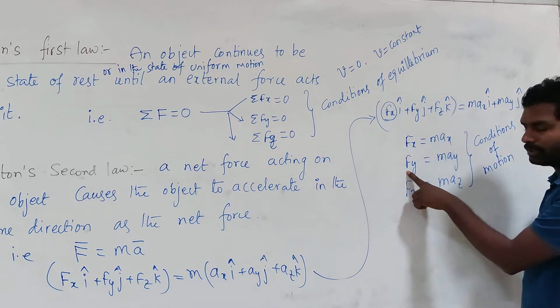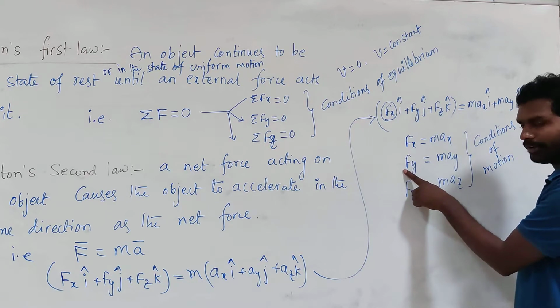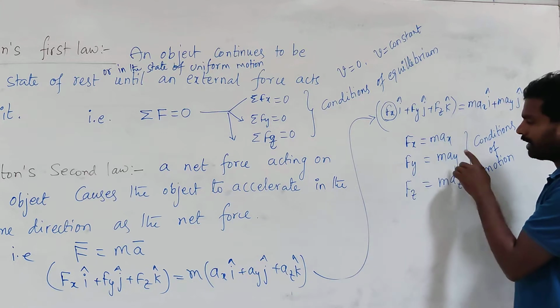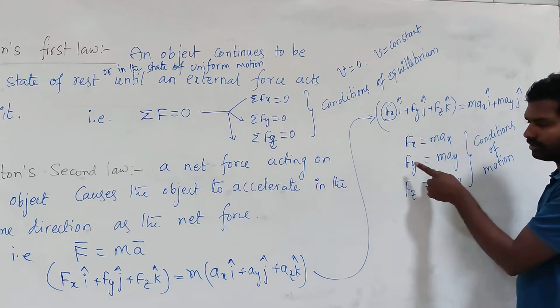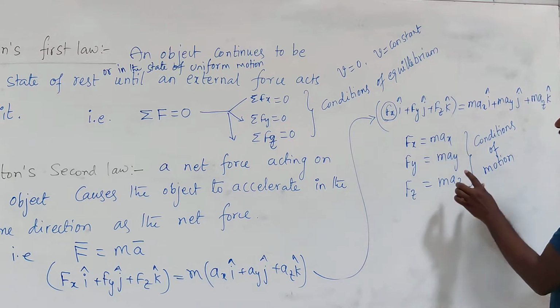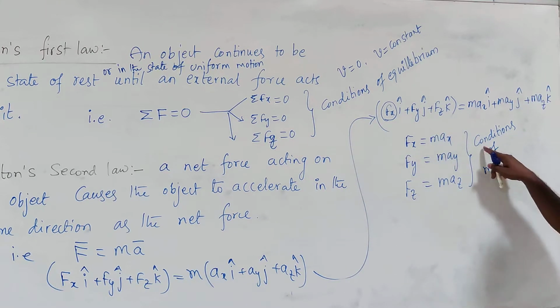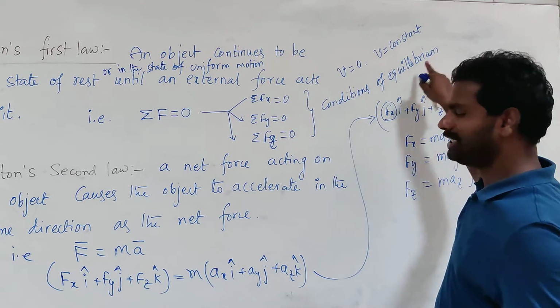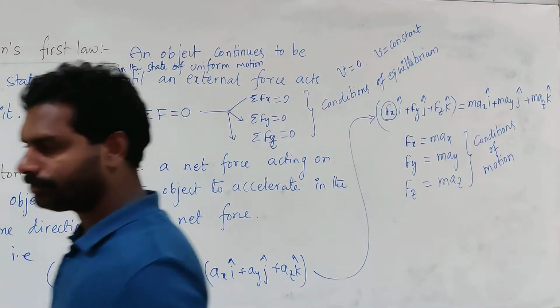Similarly here the force is acting along the y axis, Fy, so because of this force the body can be accelerated in the y direction, so Fy equal to may. Similarly Fz equal to maz. These three conditions are said to be conditions of motion. The other three conditions are said to be conditions of equilibrium.